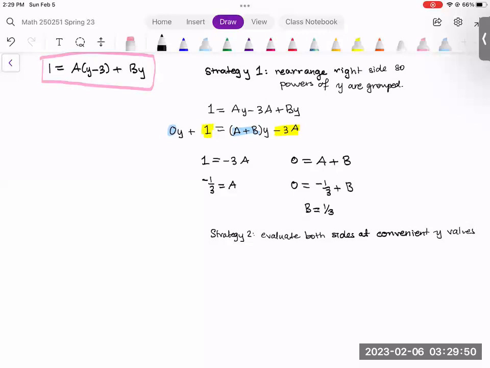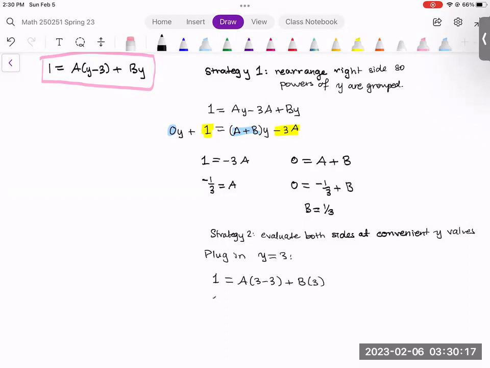So let's try plugging in y equals 3 and see what happens. So on the left-hand side, when we plug in, there's no y's there. So we just get a 1. And on the right-hand side, when we try plugging it in, we get a times 3 minus 3 plus b times 3.